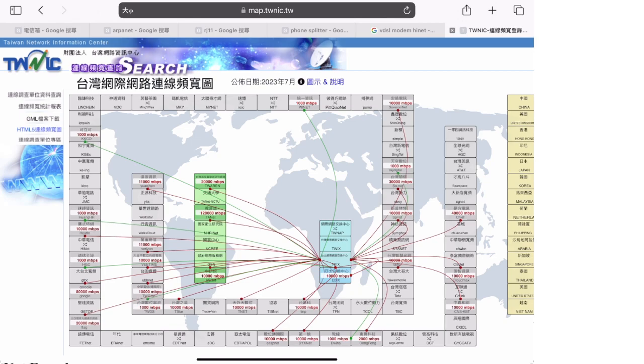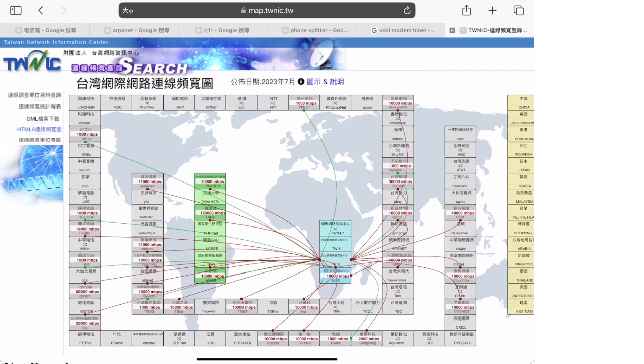I think their owners are ISPs, so they will build several exchange centers, and some small ISPs can pay some money and connect to the exchange center, and the exchange center will have lots of links right here to connect everyone with each other. Okay, Taiwan has 4 major exchange centers.